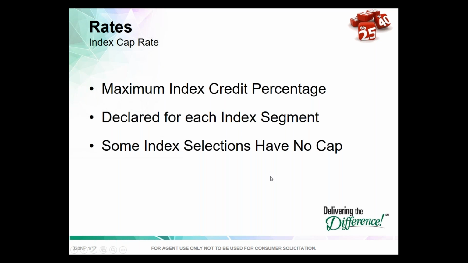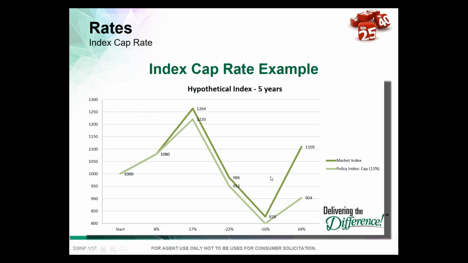So let's look at cap rates as an example here. Again, we're going to go with our underlying theoretical market index, which is the dark green line, and then we'll look at a cap, and we'll suppose in this example the cap is 13%. And again, this is all theoretical. If the index goes up 8% in the first year, is 8% within our 13% cap? Yes, it is. So that's fine. We can credit 8%. The next year, the index goes up 17%. 17% is higher than our cap.